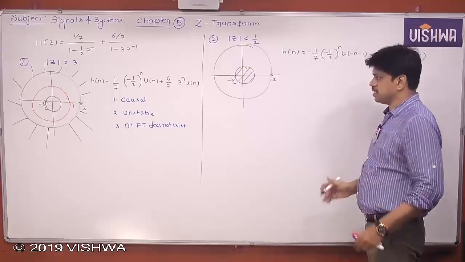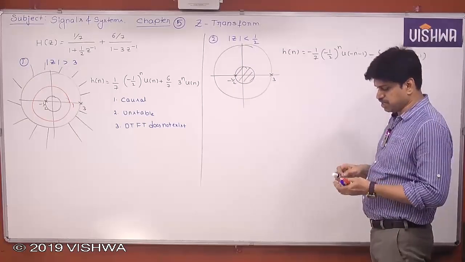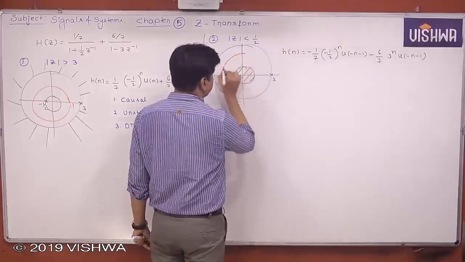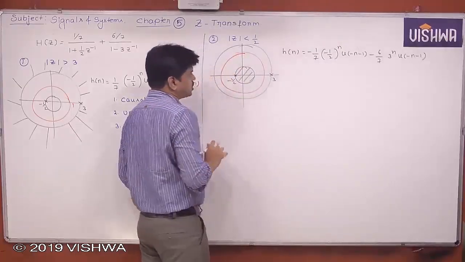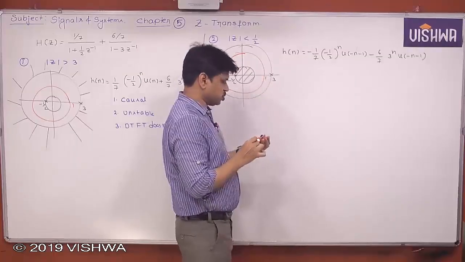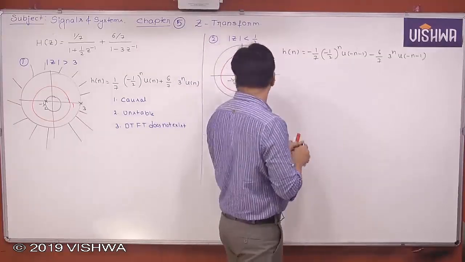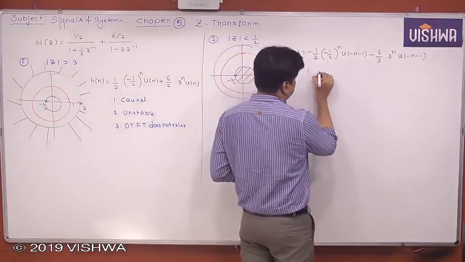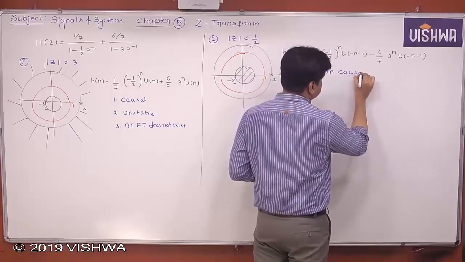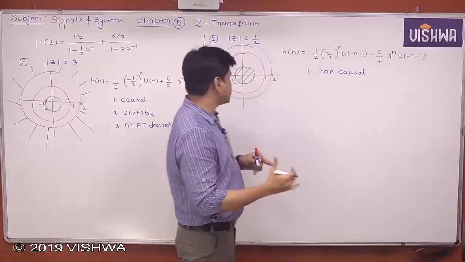So now we have to check whether it is causal, stable, and whether DTFT exists or not. So we have to look at where is 1. Still we don't have the unit circle inside the ROC. So I can decide that it is non-causal. Why? ROC is not outside the outermost circle.